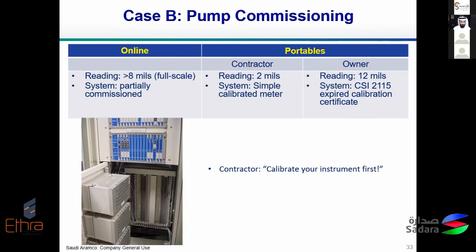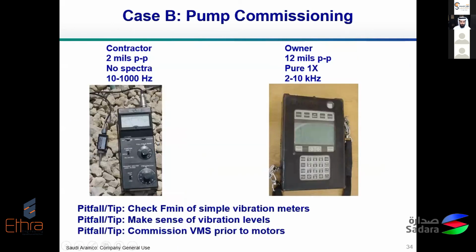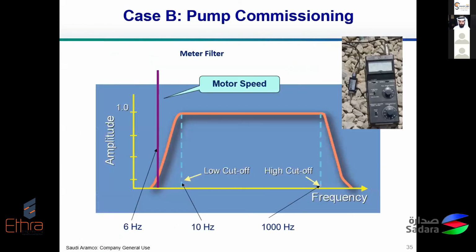We investigated the case, and it turns out, this is his device, this is our device. And if you can notice, his device is limited to read from 10 hertz all the way to 1000. Our device has a much wider span. And if you remember, the speed was around 6 hertz, while his measurement tool is able to measure only from 10 hertz.